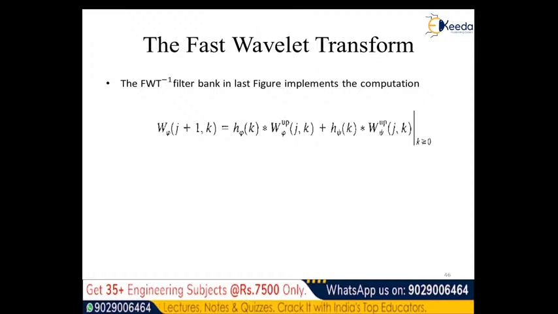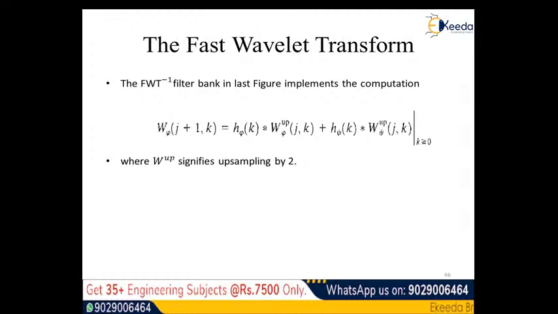So W with suffix up signifies the upsampling. Here the upsampling is by the factor 2, so the number of samples will be doubled, and mostly this is made possible by adding zeros here.